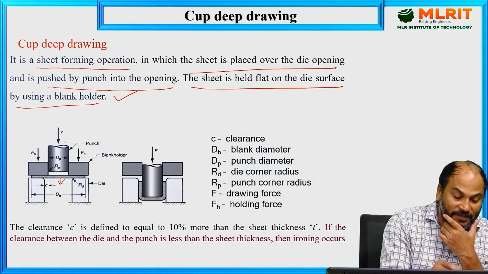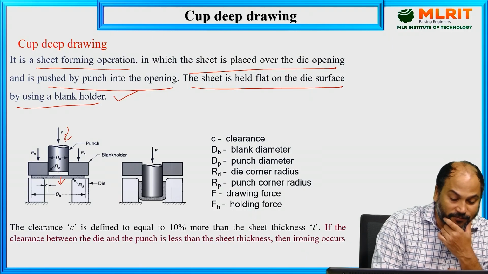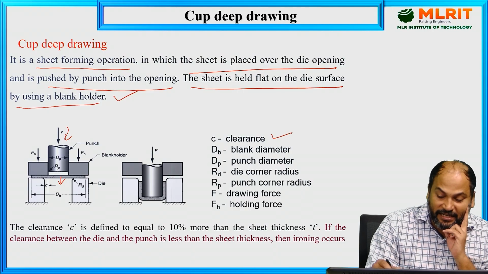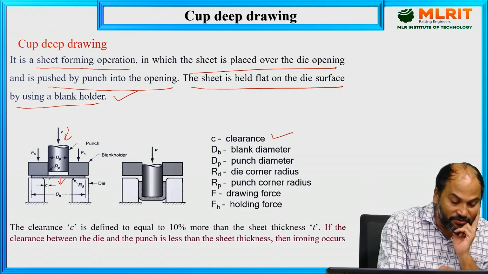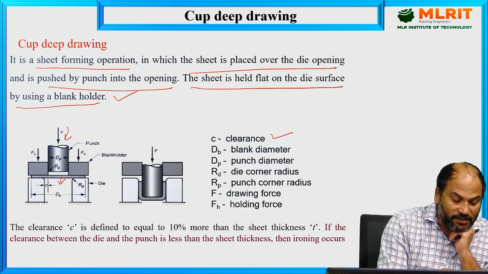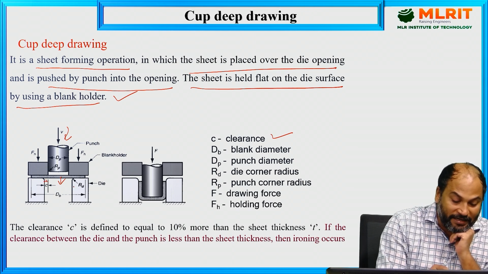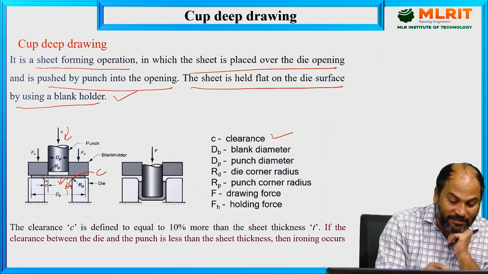So what is happening, this is the punch through which we are applying the force. In this, many technical terms are there. C is the clearance, the gap between these two. You can see here, this is the die and this is the blank. So this gap is provided here and this gap is provided here, this is actually C, the clearance.